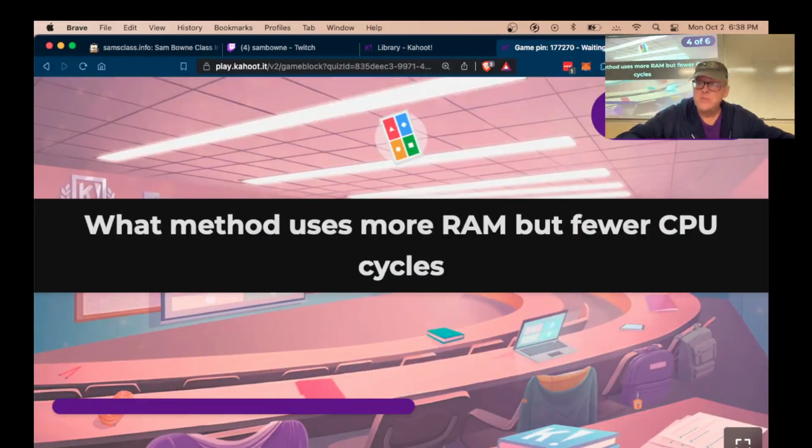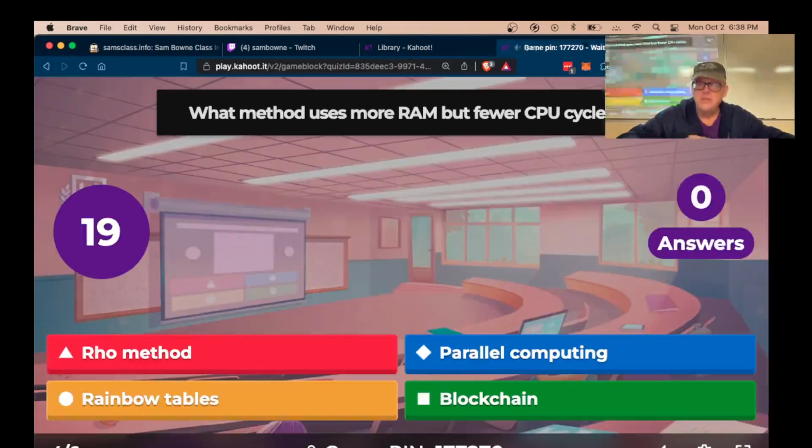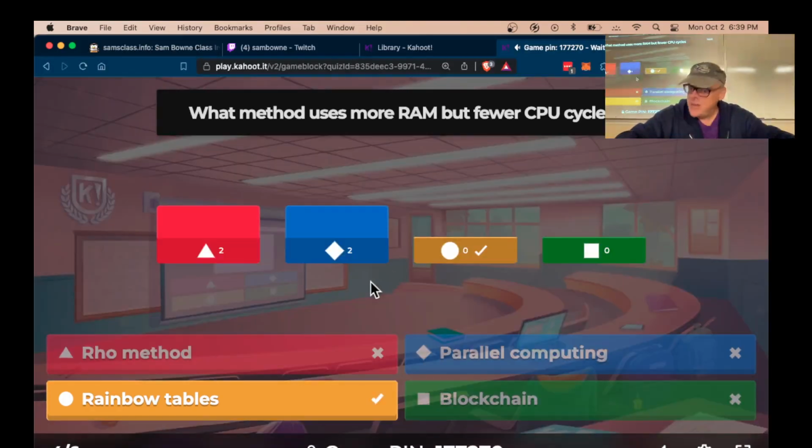All right, what method uses more RAM but less CPU? That's the rainbow table attack.